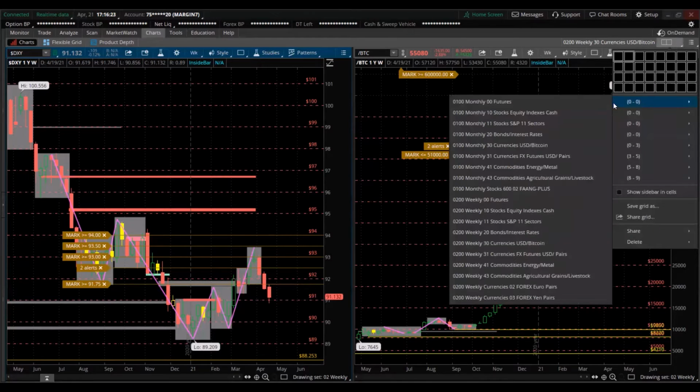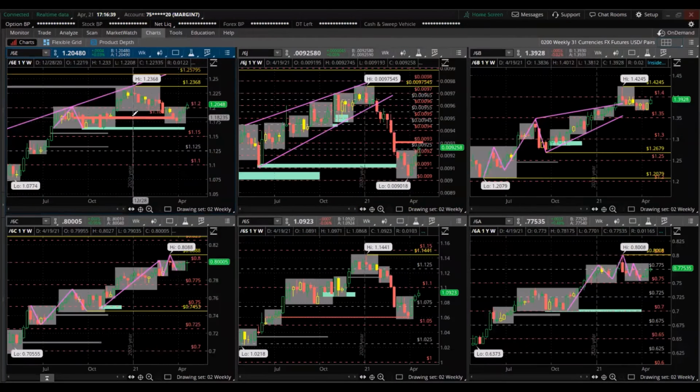Let's look at the currencies inside the US dollar. We'll look at the currencies that trade in the futures market. In the futures exchange, they call the currencies FX. And we'll look at the US pairs. What does that mean? It means these currencies paired against the US dollar. Same thing, on each chart the candle is a week.